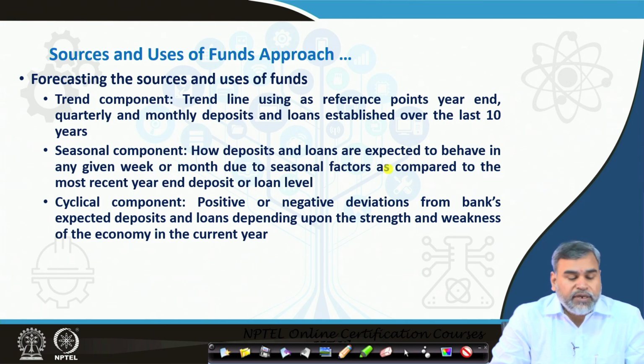In the seasonal component case, what we basically have to do is see how deposits and loans are expected to behave in any given week or month due to seasonal factors, as compared to the most recent year-end deposit or loan level.